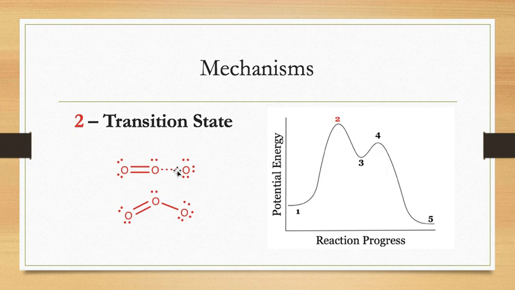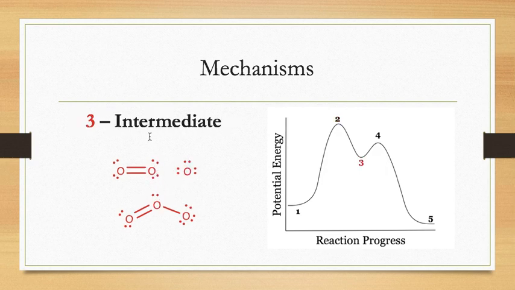If we keep going, then the bond will completely break, and we end up with an intermediate, right? We talked about this. This oxygen atom is what we consider to be the intermediate, but the intermediate state that we're at is where all of these things are present. One of the bonds, this bond between these two oxygens, has broken, and we're left with one oxygen molecule, an oxygen atom, and an ozone molecule that hasn't reacted.